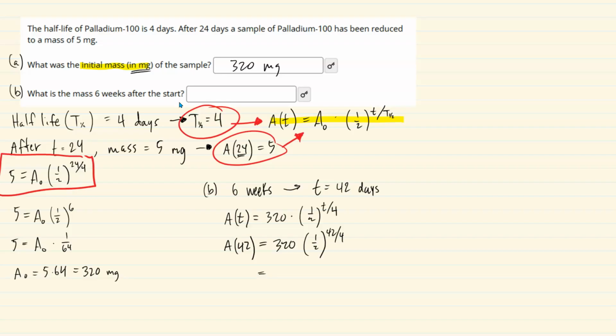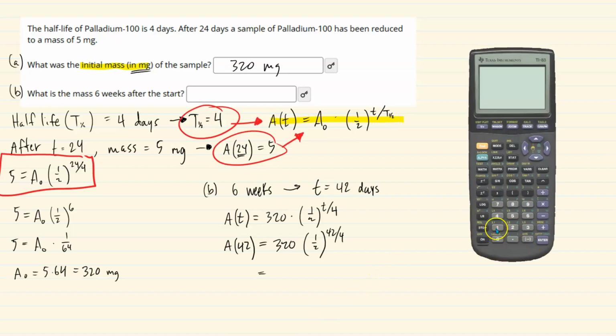I wouldn't expect you to do this by hand, so a calculator will most definitely come in handy. On your exam, or in any activity, use a calculator, preferably a scientific calculator.